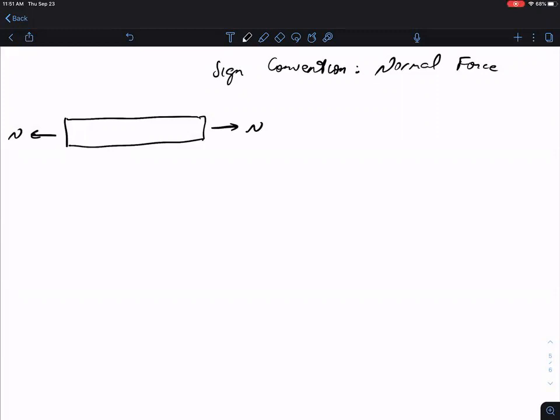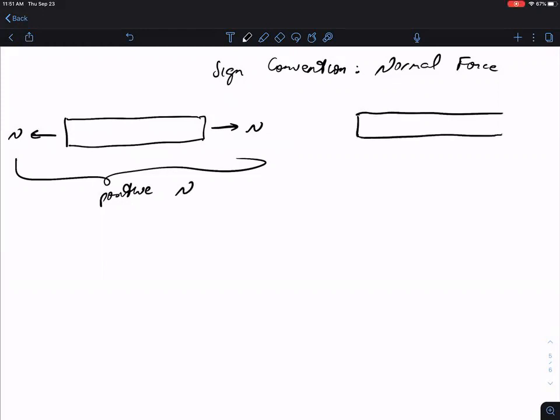So we've drawn a horizontal element here, and it's clear that this normal force results in tension on the segment. So we would call this a positive axial force or positive normal force.